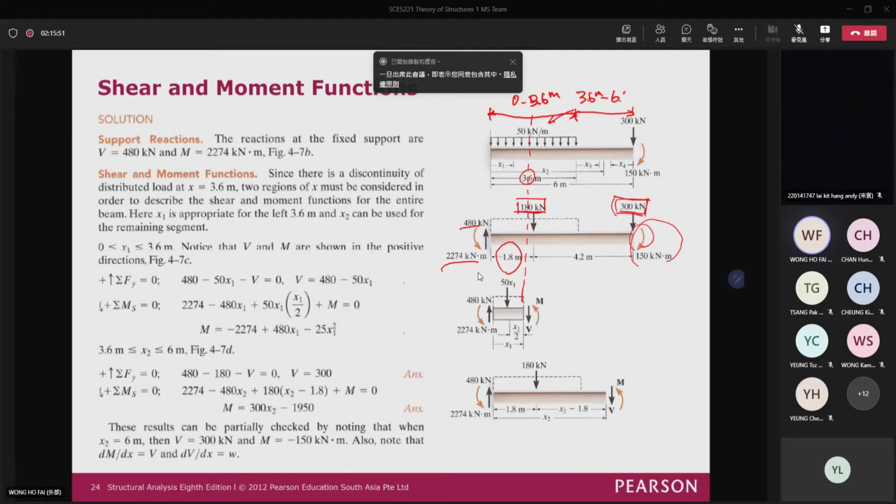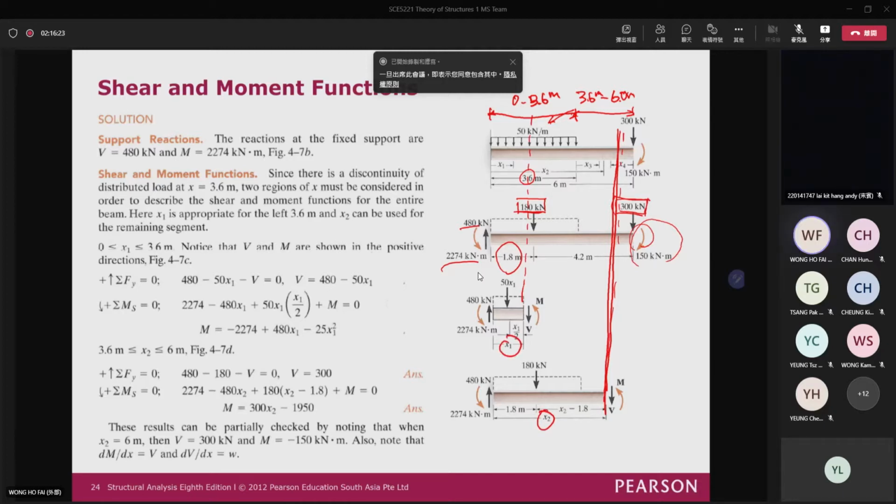You need to cut another section here. Just cut through here, and then you have another section here. This is equal to x, and the first one is also equal to x.